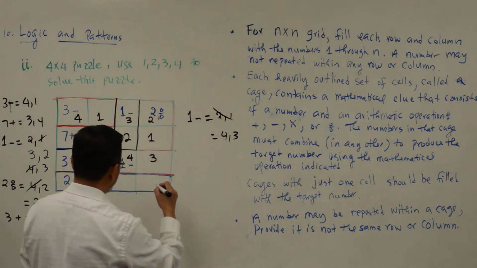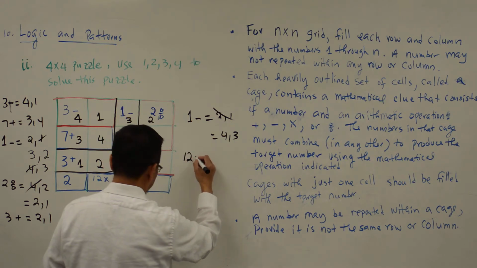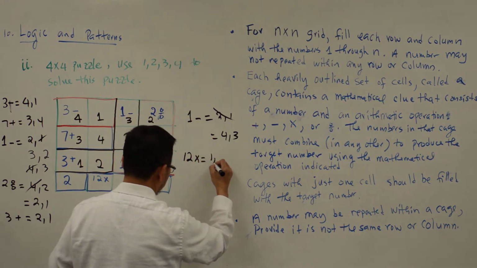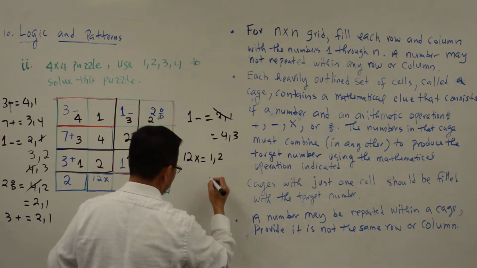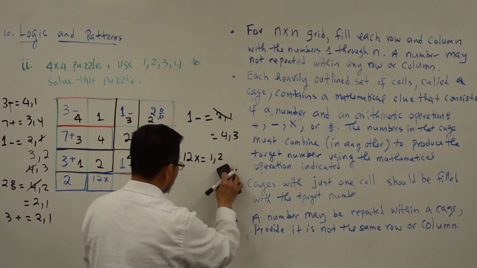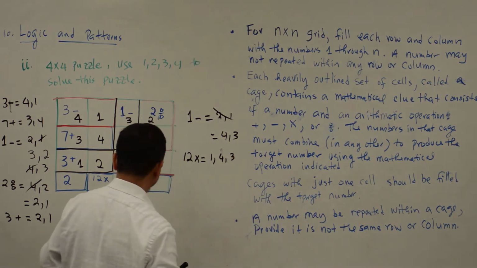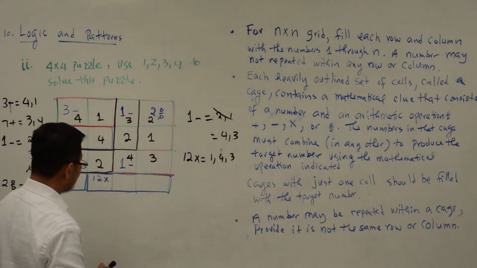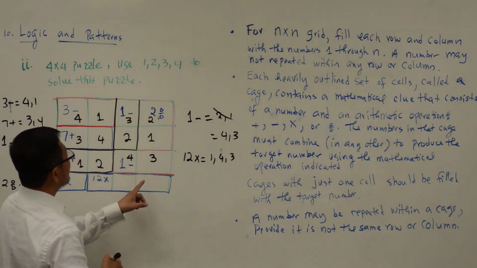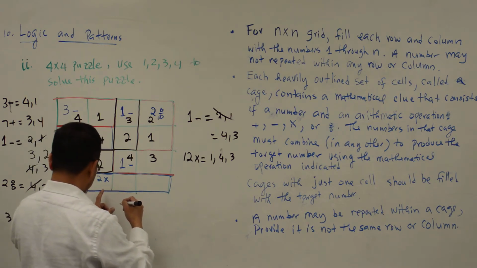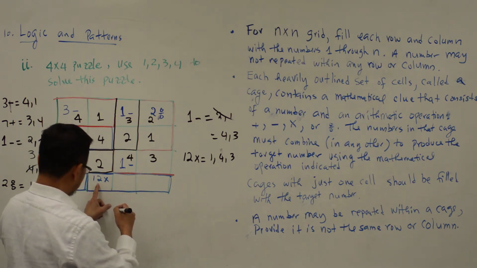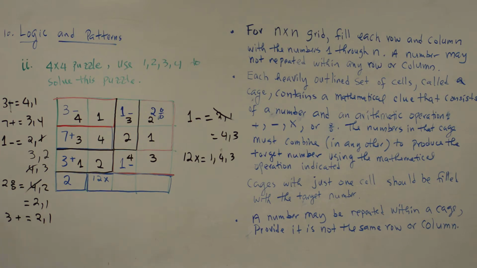Okay, then 12. We can use 12 times. You can say 1, 4, and 3, right? So I cannot use 1 here.